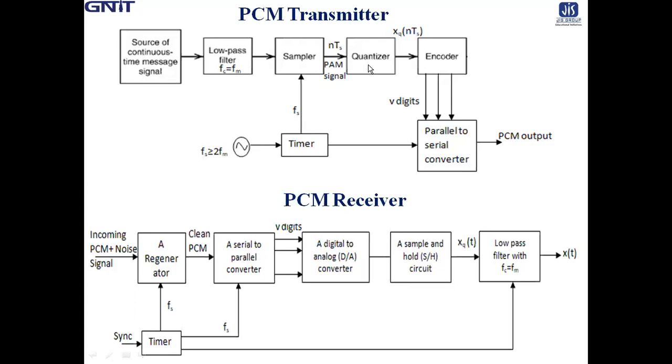Then it goes to the quantizer, say an n-bit general quantizer, and from the quantizer output we get x_q(nTs), and after that it goes to the encoder. In the encoder, the input is serial, but the output from the encoder is parallel.